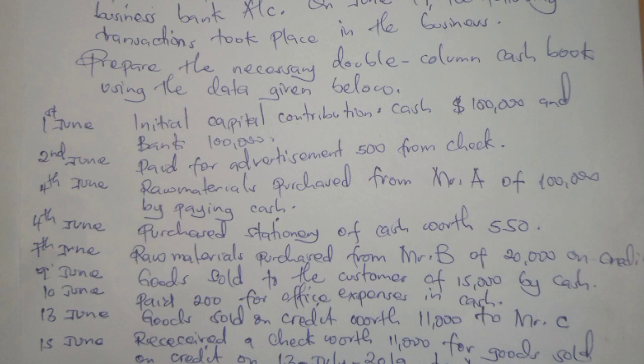Another part, on 7th June, raw materials purchased from Mr. B of 20,000 on credit. If something is purchased on credit, cash is not coming in and cash is not going out. So we do not record it in the cash book since it's not bringing in any money and it's not taking out any money. Then on 9th June, goods sold to customer of 15,000 by cash.